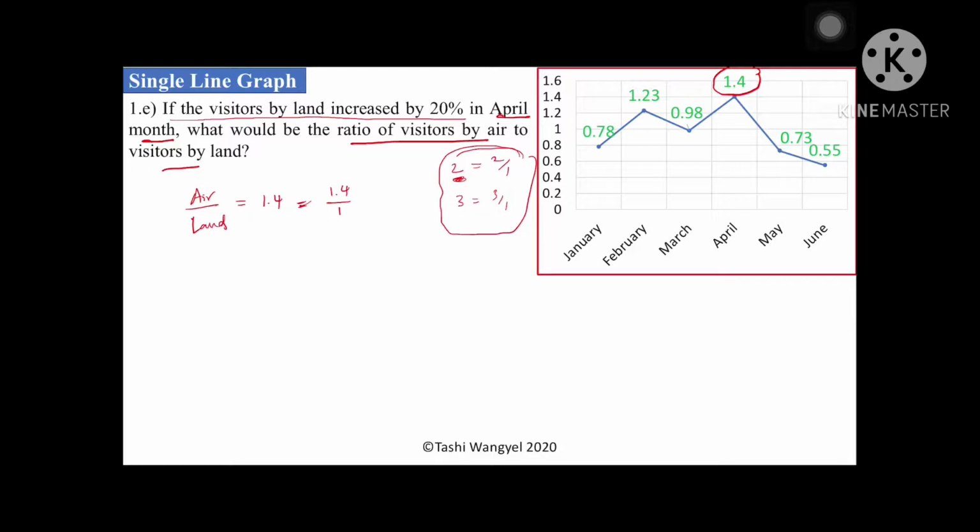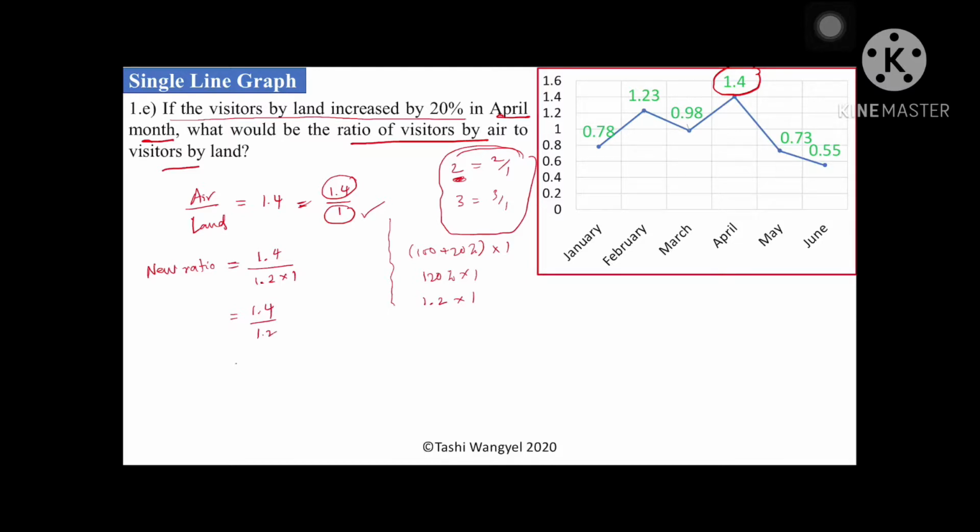The numerator, air, stays at 1.4. For the denominator, land, a 20% increase means 100 plus 20, which is 120%, or 120 by 100, which equals 1.2, times the initial value of 1.